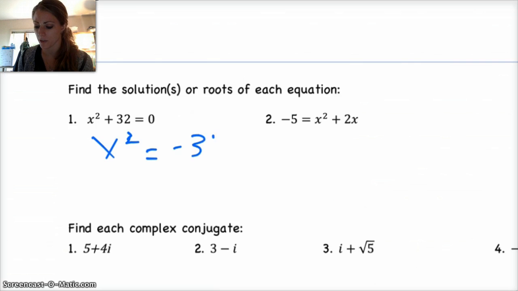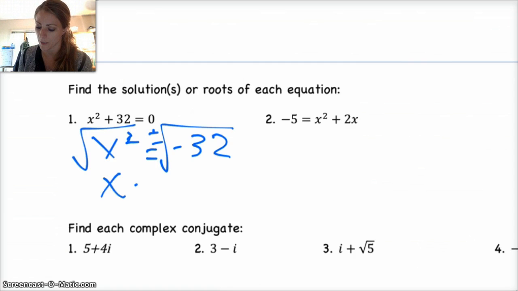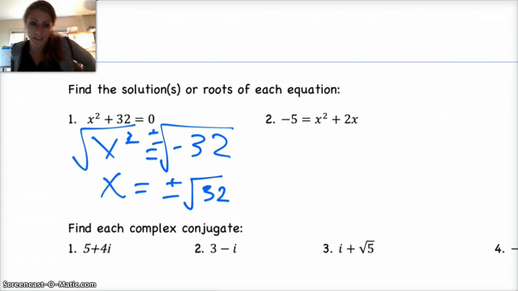equals negative 32. And then I take the square root of both sides, and when I take the square root, I get a plus or minus. So I get x equals plus or minus the square root of negative 32. Now, if you can simplify it, simplify the square root, because it's much nicer when things are simplified.